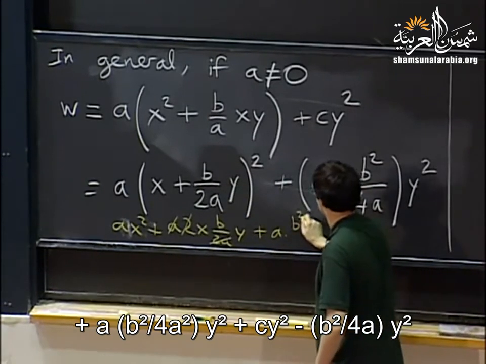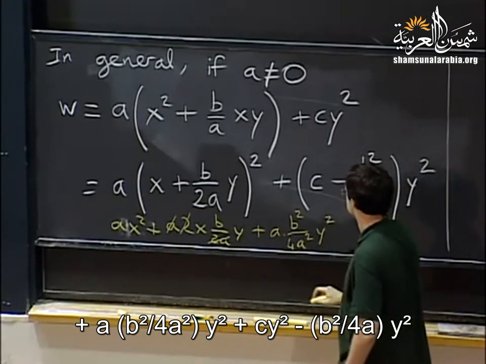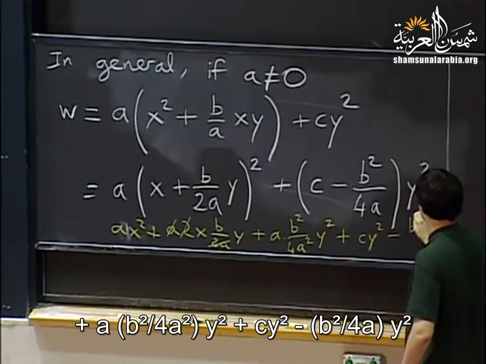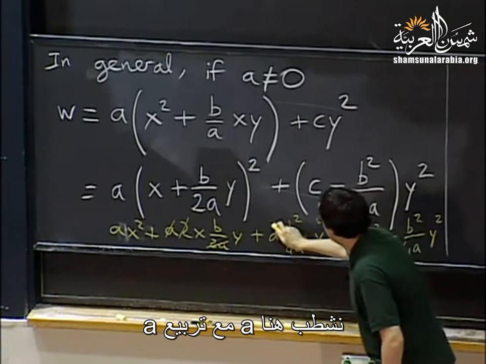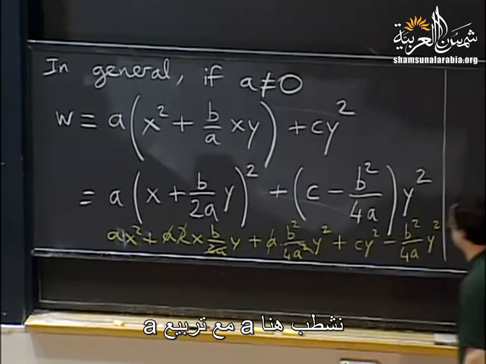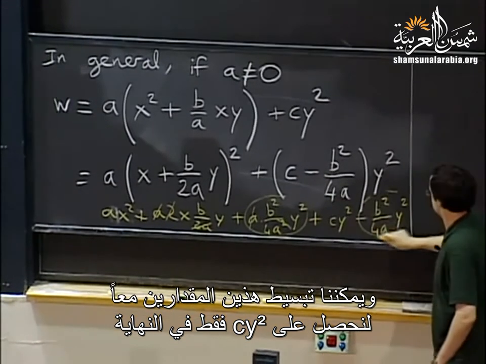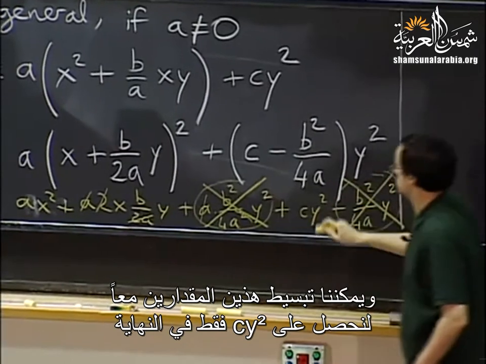That's going to be b squared over 4a squared y squared plus cy squared minus b squared over 4a y squared. Here the a and the a simplify, and now these two terms simplify and give me just cy squared in the end.